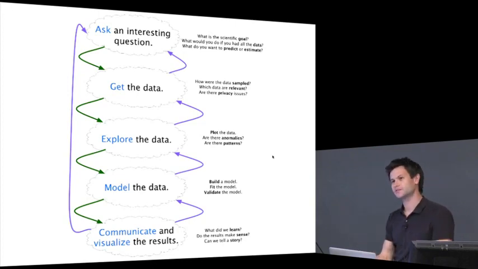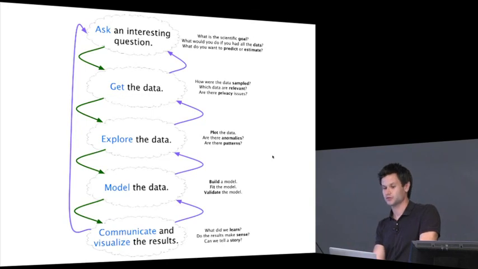So this iterative process that you're supposed to learn in this class starts with asking an interesting question. You have a data set, and you're starting with formulating a question. Then you get the data, you scrape it from the internet, whatever, you need to clean it up, which is usually very tedious, and we will hear a lot more about that.